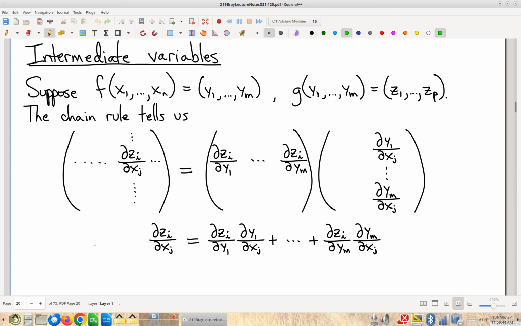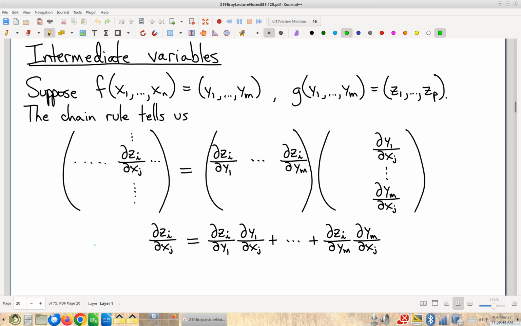Big picture, why does it work? I think this is hard to argue with, right? But again, in daily use, I don't really care about all the variables. I don't want to have to write down the whole derivative. Oh my God, the derivative matrix could be big. And if all you're interested in, and this is often the case, is just that one partial derivative, I don't need the whole matrix.